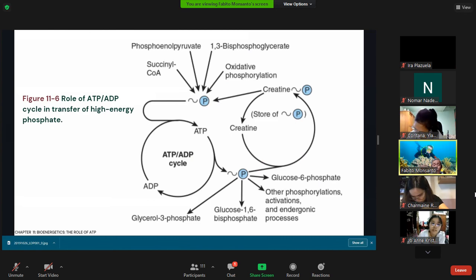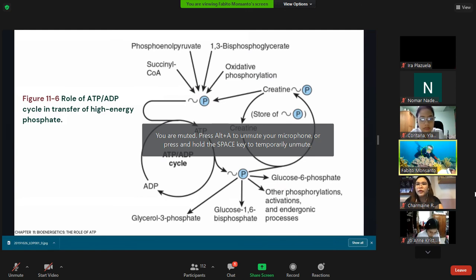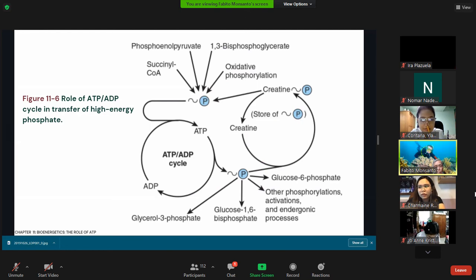Oh, here is now how your ATP is being used in the ATP cycle. ATP cycle. All right.